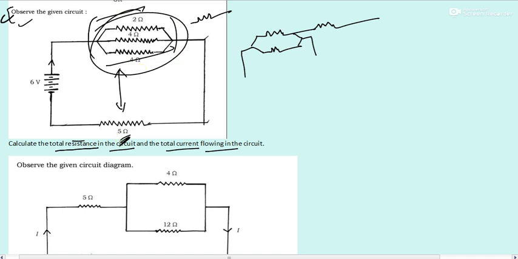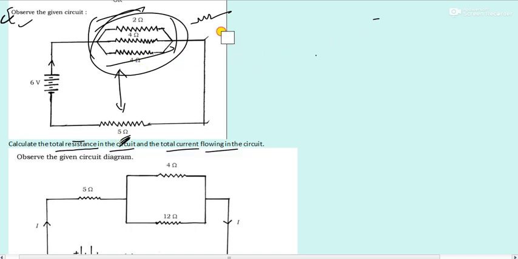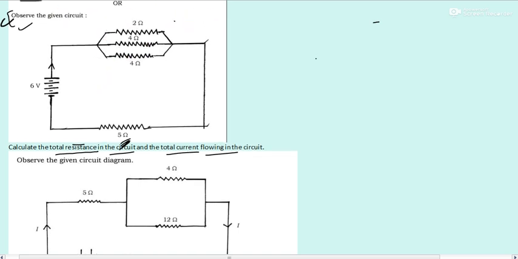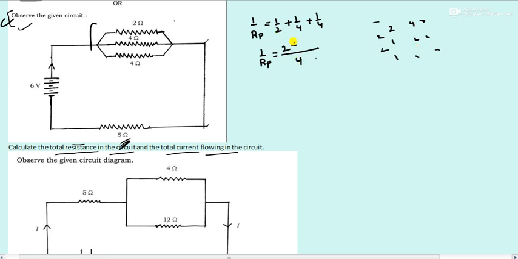Got it? So how are you going to solve it? First we will calculate the total resistance of the parallel part. So 1 by Rp is equal to 1 by 2 plus 1 by 4 plus 1 by 4. If you take the LCM, you get 4. 2 2s are 4, so 2 plus 1 plus 1, which is 4 by 4.